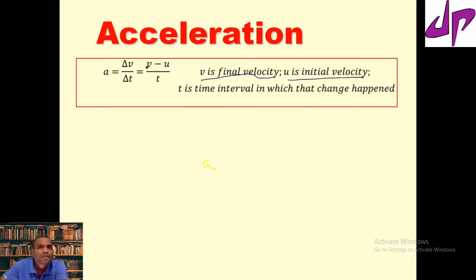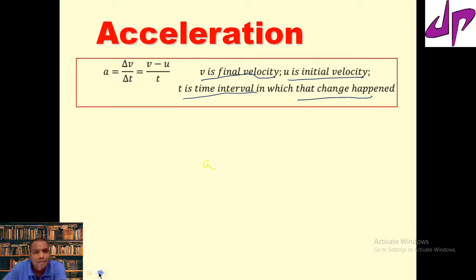V minus U is also represented as delta V, meaning change in velocity. Change we represent in terms of delta. Time also we can represent as a change, delta T.